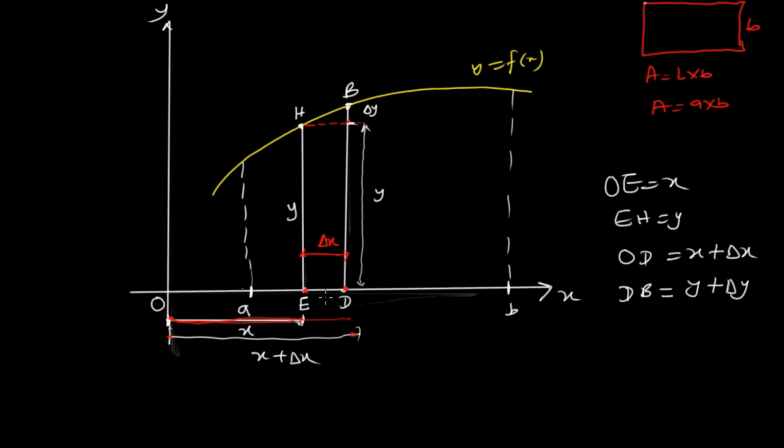That's why we have x plus dx. The same thing is applicable to the y-axis. We have point E to point H equal to y, and point D to this point is also equal to y, and we have a little change between this point and this point, dy. So to find the length of the whole line DB, it is y plus dy. So here I have DB equal to y plus dy. For the sake of this class and for easy understanding, we are going to try to complete this rectangle.